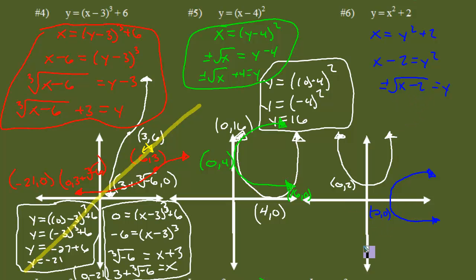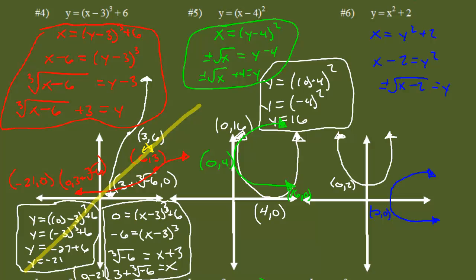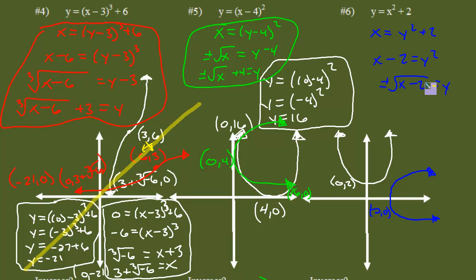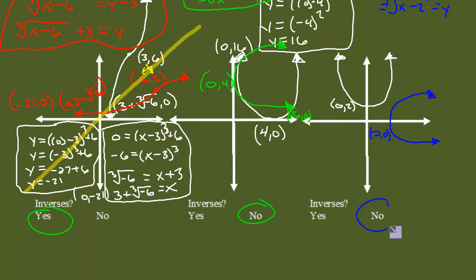And this minus 2 translates it to the right 2. Is that blue? I don't know why I keep doing that. Is the blue graph a function? No, it does not pass the vertical line test. If I run a vertical line, I'm hitting it in more than one location, which is not good.